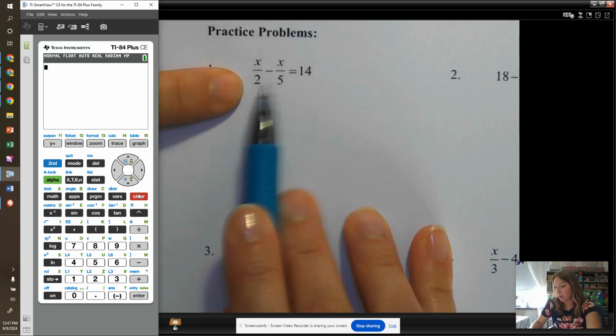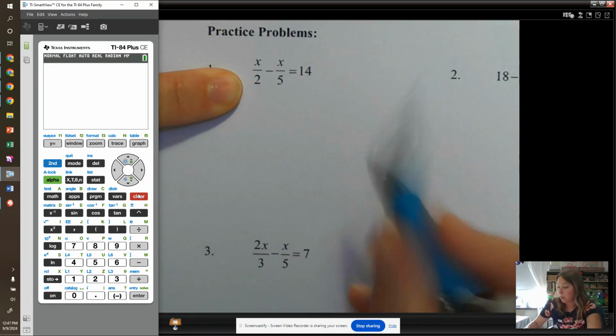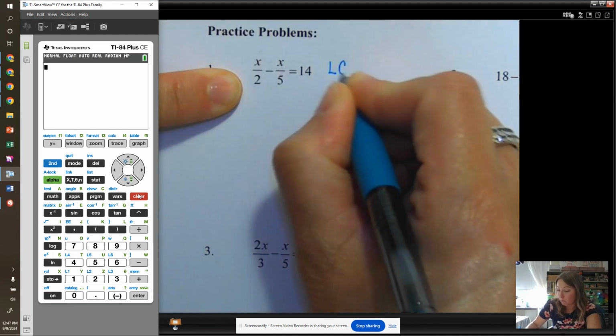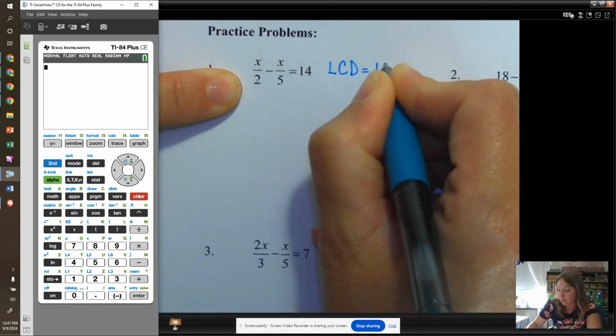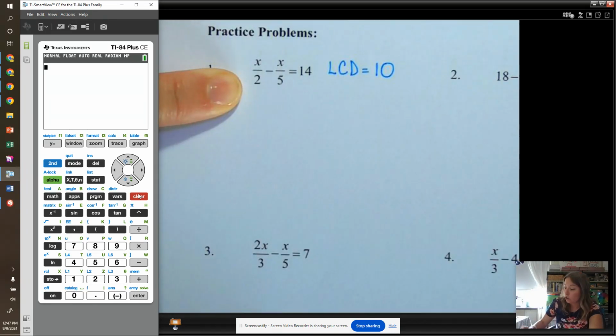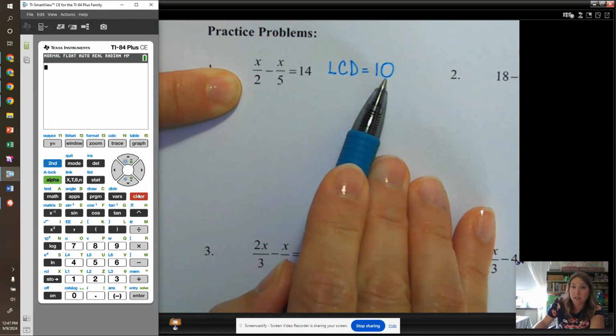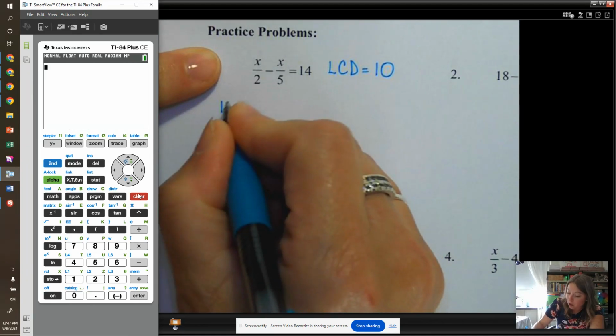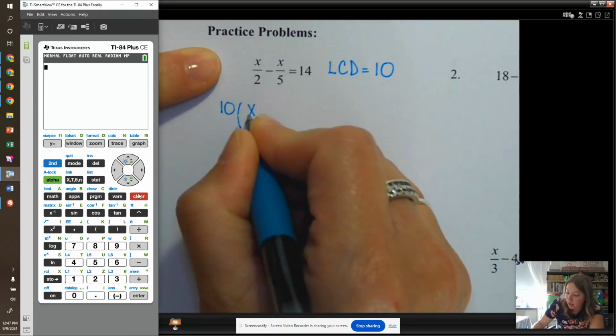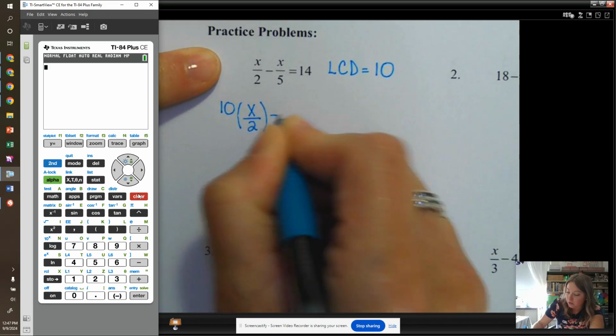So now I think about, what do 2 and 5 multiply to become? Oh, we already knew this one from a previous example. It's 10. So I take my LCD and I multiply my LCD times every piece of the equation.